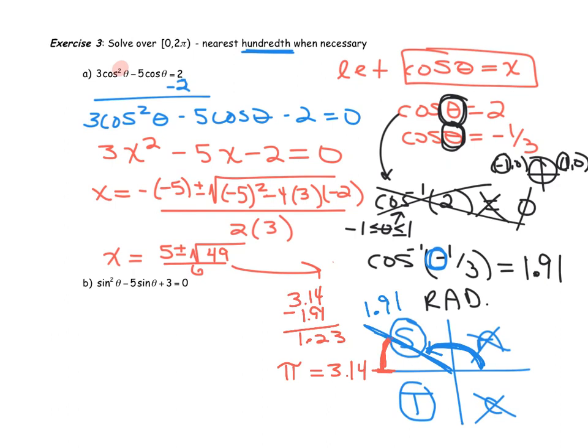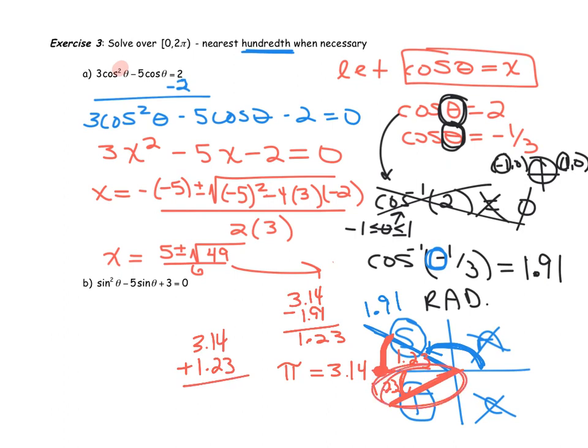So if I know the reference angle in radians here is 1.23, well, then I know the reference angle here in radians is also 1.23. And I am further past pi. Remember, pi is at 180 degrees, which is equivalent to 3.14. We're rounding. So I'm going to add 3.14 with 1.23 to get the other angle measure here in radians.